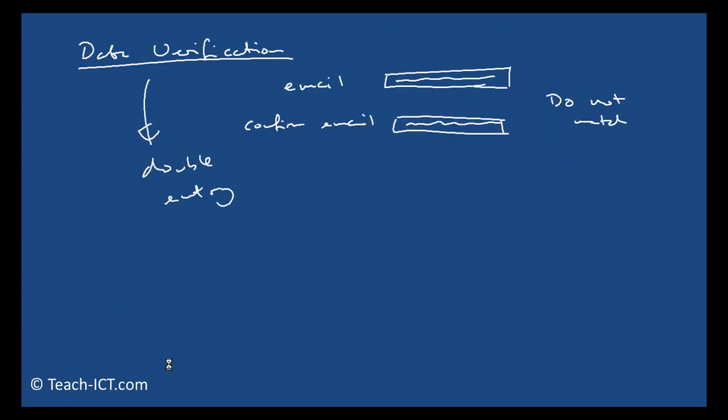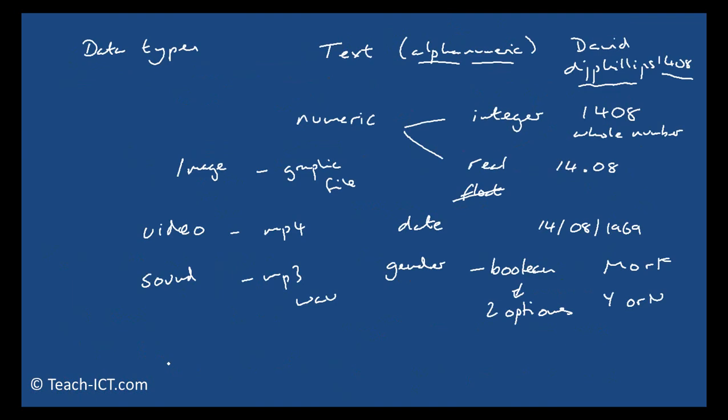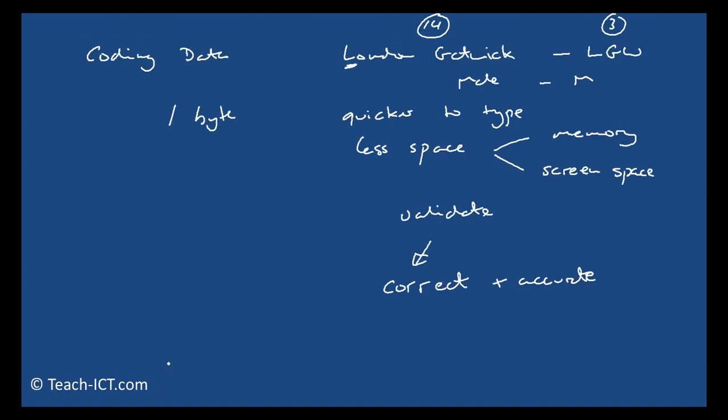Let's have a quick flip through all of those screens again. You've got your data types. They can be text, numeric, date, gender, images, video, sound. You can code data. Sometimes I've seen that as encoding data, which I don't like. It's coding data. It's where you reduce things down so that you change the codes from an airport from London Gatwick to LGW.